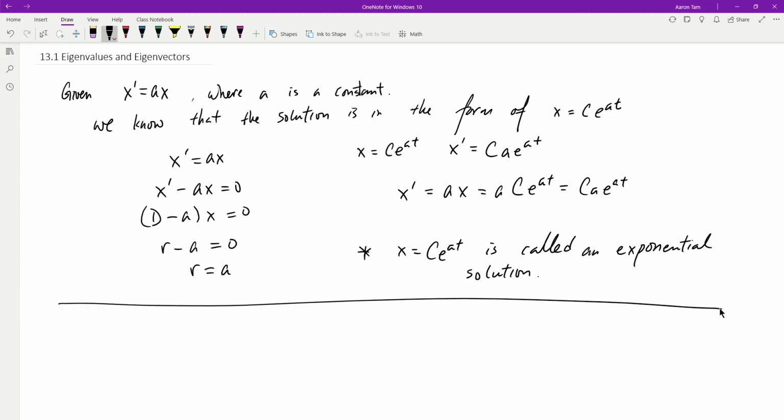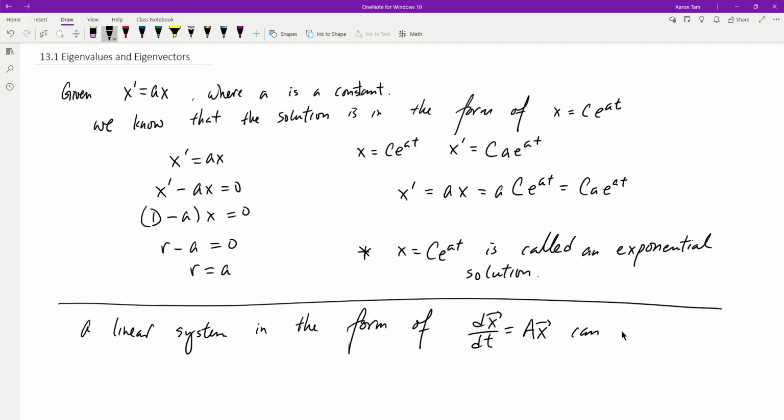Well, let's see. A linear system in the form of d vector x over dt equal to A vector x can have an exponential solution also.